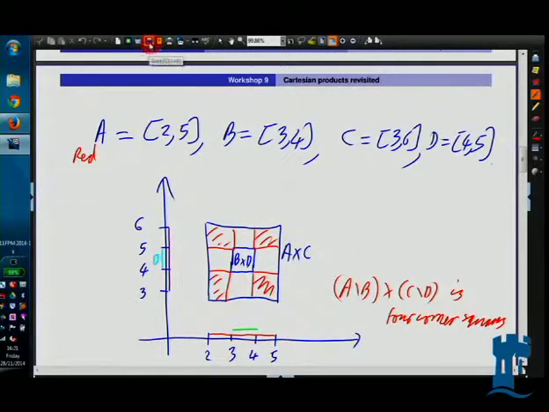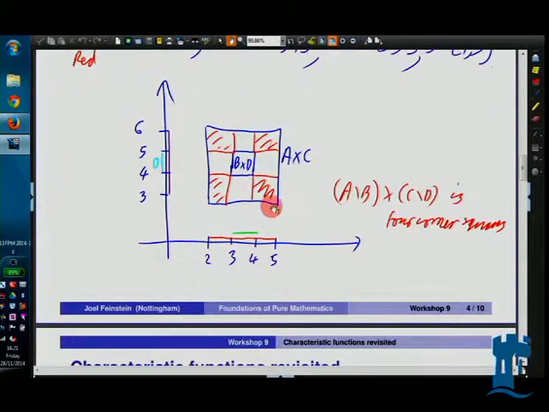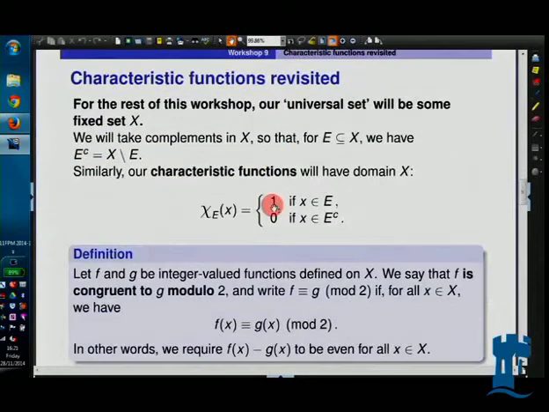Right, so let's move on to a completely different subject. I want to go back to characteristic functions. I'm going to think this time of my characteristic functions as taking values in the integers. So you could think of the characteristic functions as having codomain with just 2 points, or you can think of them as having a bigger codomain.